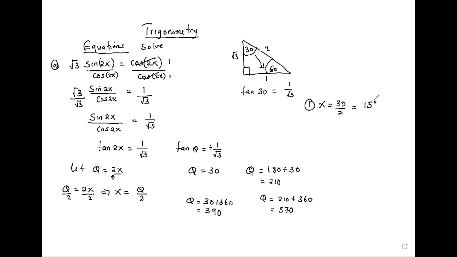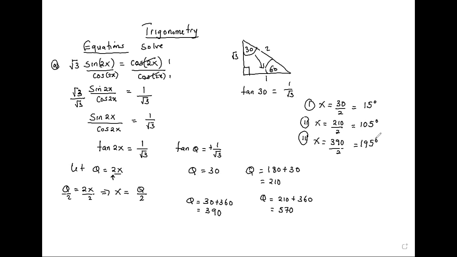The second one, x is equal to 210 over 2, which is 105. Then x is equal to 390 over 2, which is 195.